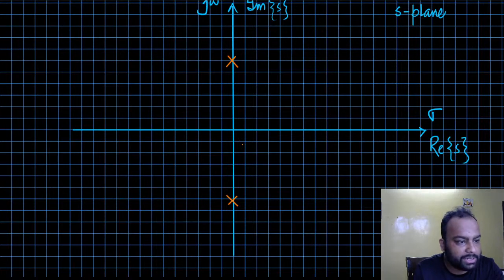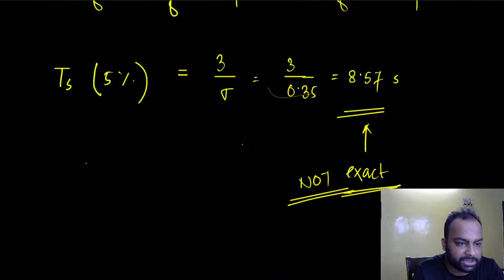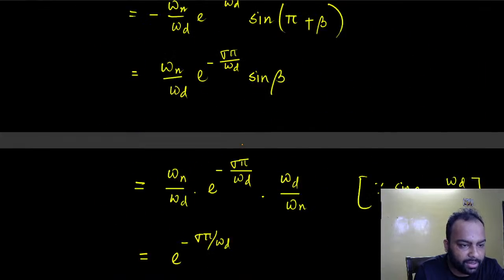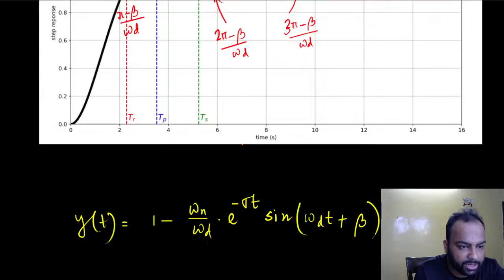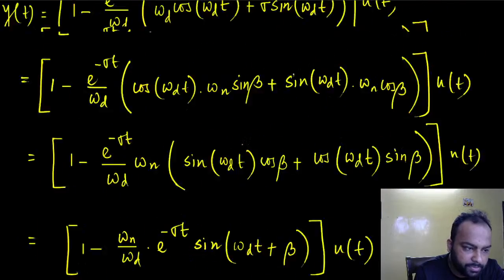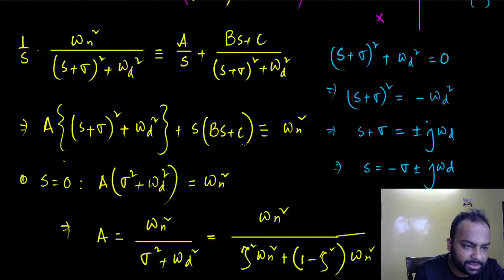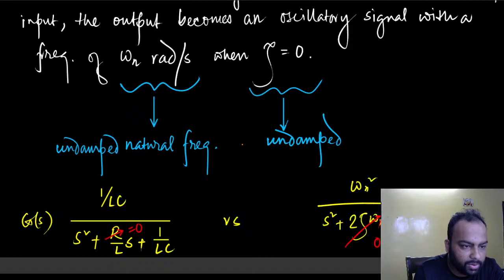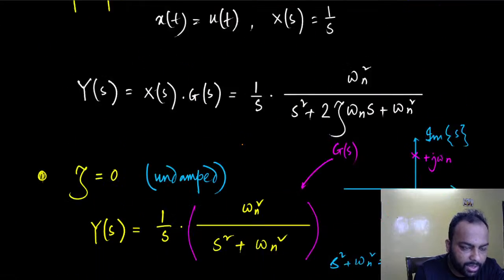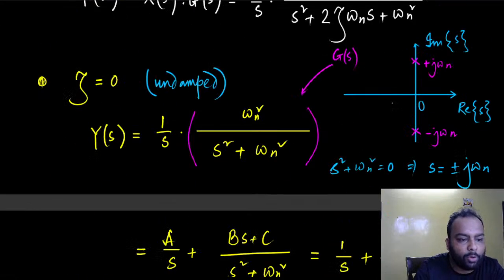Let's go back to that particular discussion so that we can write those without any hesitation. We are going to undamped systems. The locations of the poles are plus j omega n and minus j omega n.